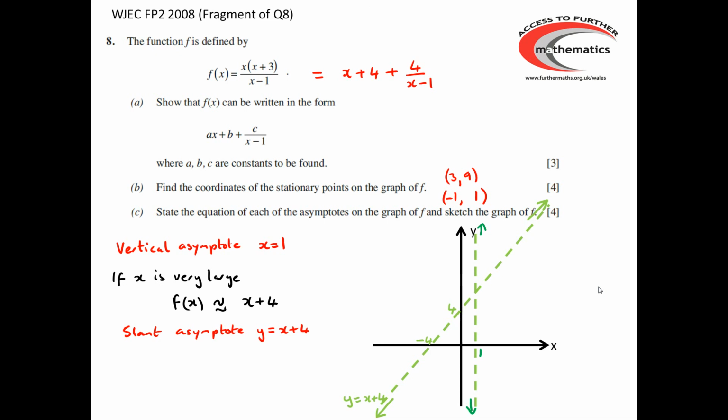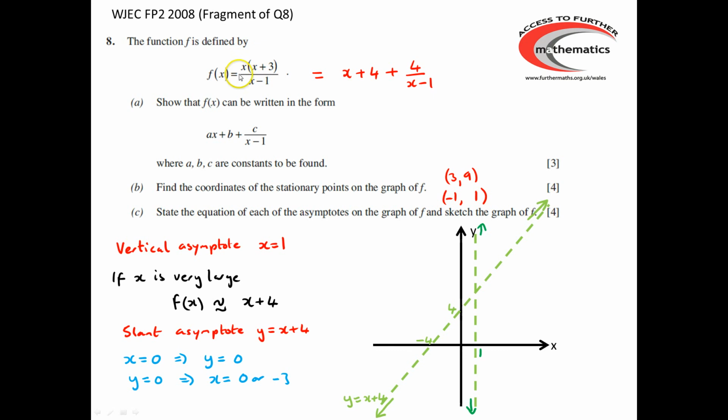We need to have a think about where the curve crosses the axes. So when x is 0, we have got f of 0, we've got y is 0 because f of 0 is 0. And when y is 0, then the numerator must be 0.